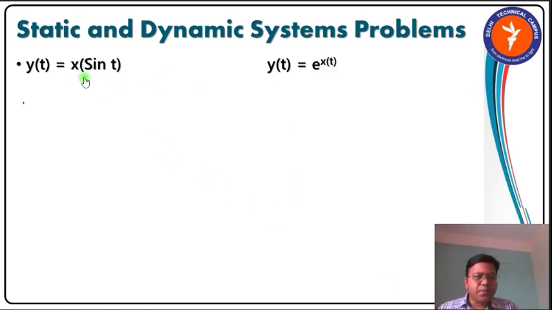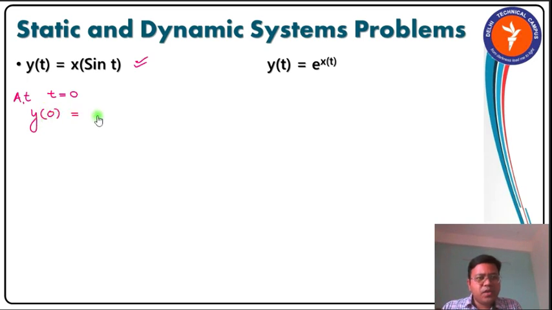Let us take two more examples. A very interesting one. This particular example, and the last derivative one, appeared in last year's university sessional examinations. We have y of t equal to x of sine t, and we have to comment whether the system is static or dynamic. See here, let us say at t equal to 0, let us calculate y of 0.